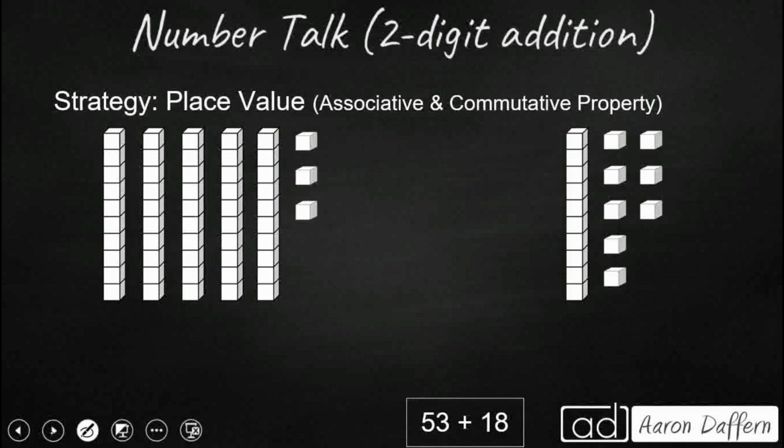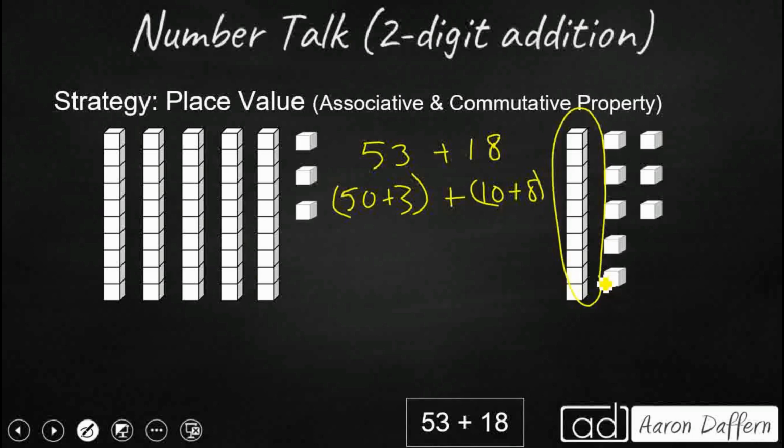Now, many of you might have chosen to use place value, and that's also a great strategy. It never really goes wrong. What we're going to do is take each number and break it up into its place value. Think expanded form. So 50 plus 3, and my 18 is just going to be 10 plus 8. We're going to take our 10s and add those first.